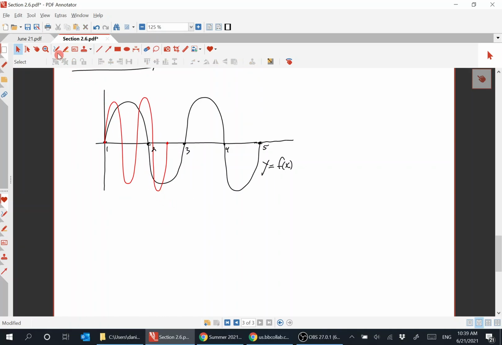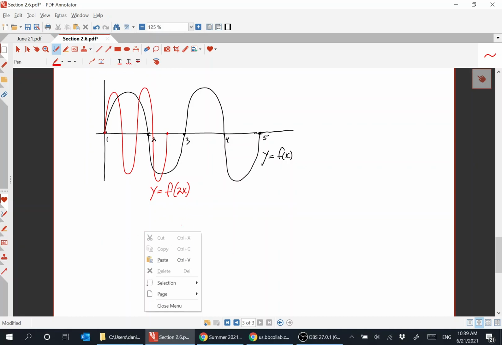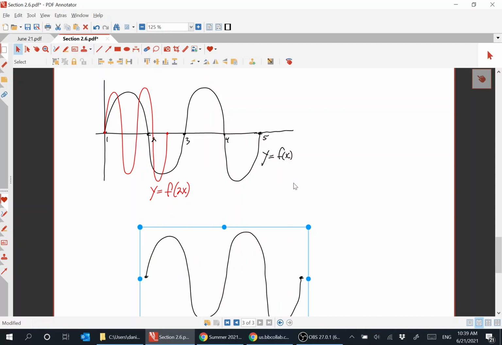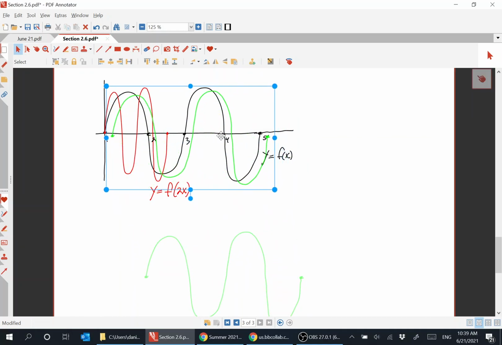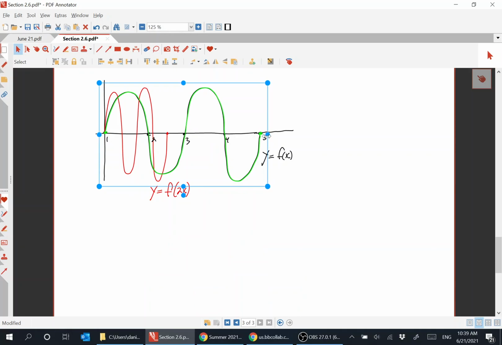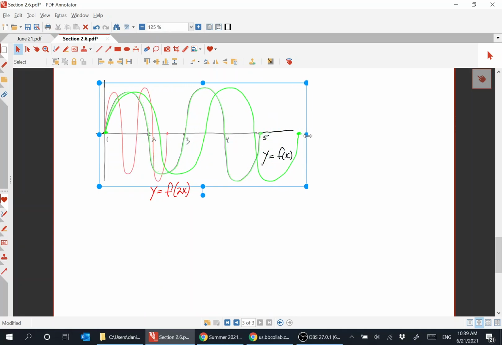So this red function is y equals f of 2x. So to squash by a half, we multiply the x by 2. To stretch by a factor of 2, make it green. To stretch by a factor of 2, so I want to take the 2 all the way out to the 4.